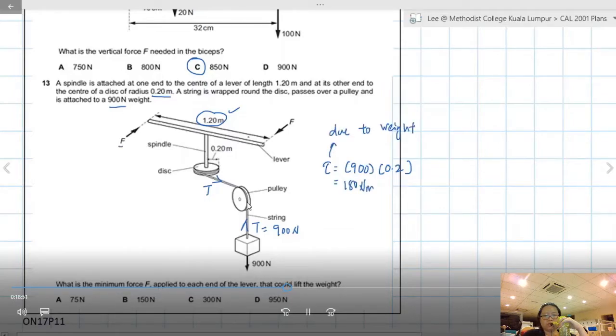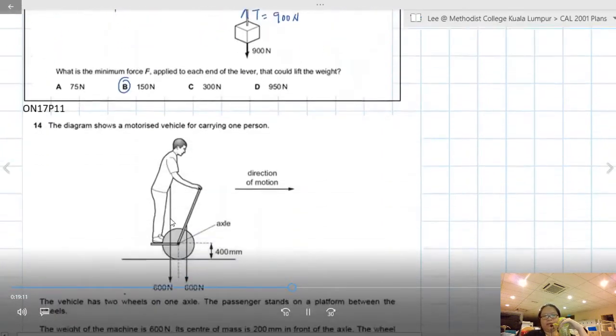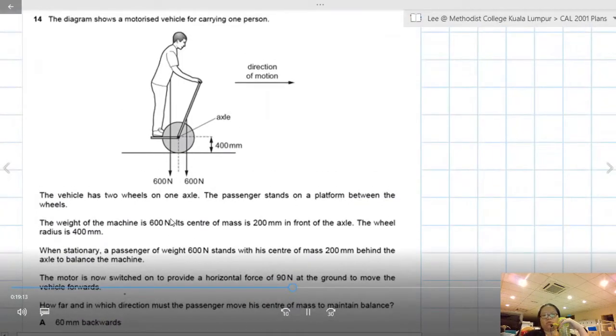This is due to the tension, and the tension is due to the 900 Newton weight. So the torque from F will have to counterbalance this 180. So I will take one of the forces multiplied by the perpendicular distance between the couple. Or you can do F times 0.6 plus F times 0.6, which is the same thing, and get 150 on the left of the equation.